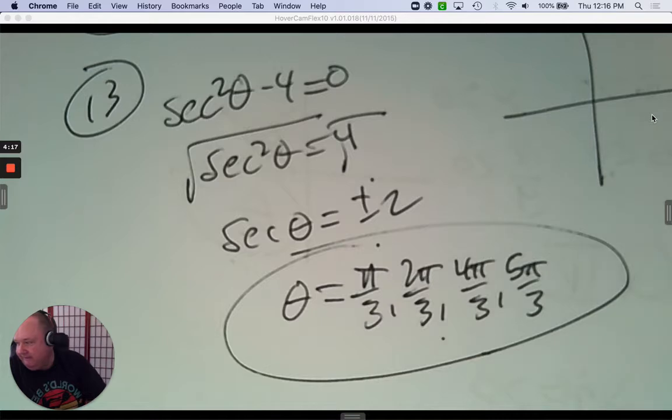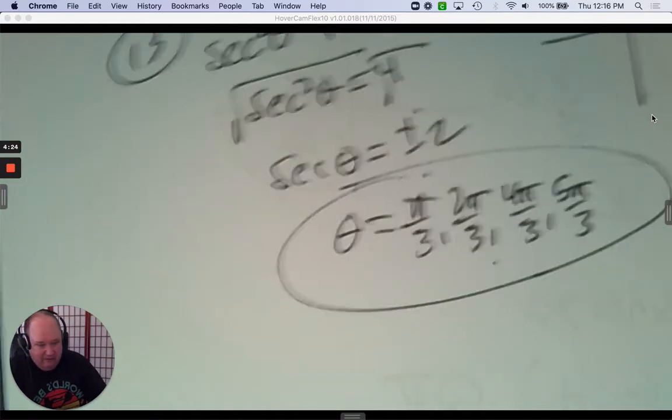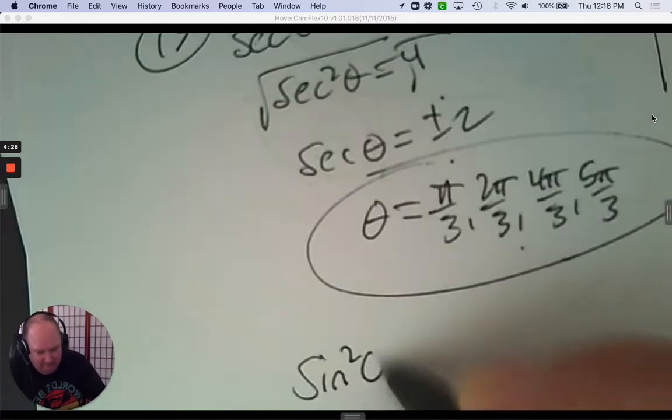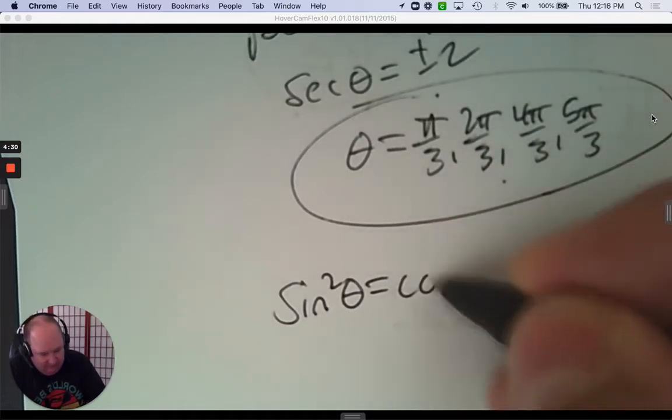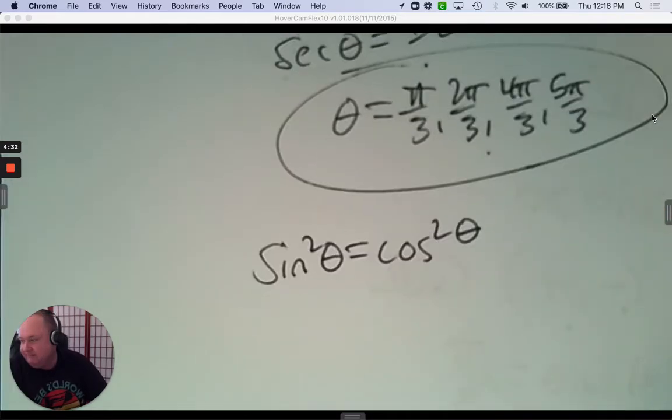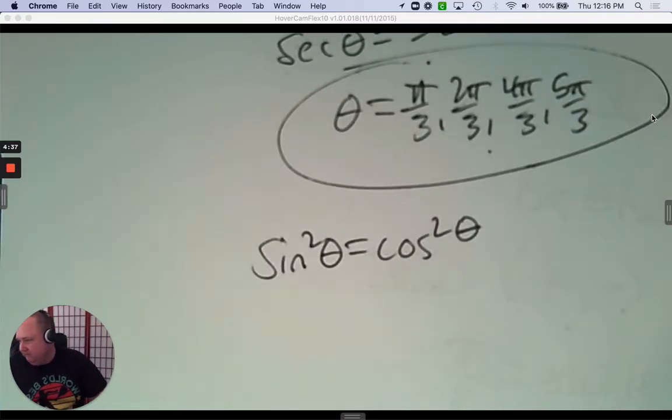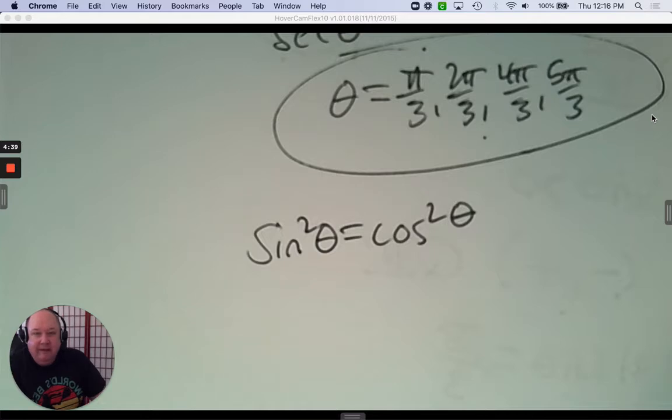Number 14. We still have another question, right? So we have sine squared is equal to cosine squared. And we have to solve this. All right.